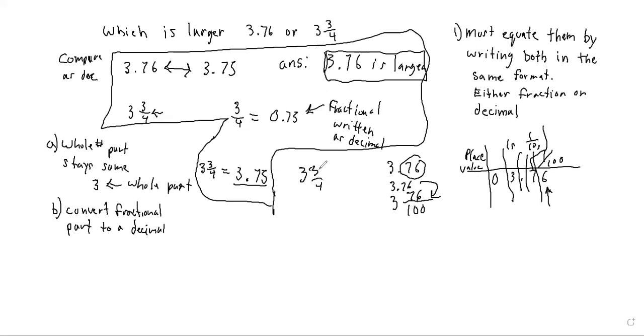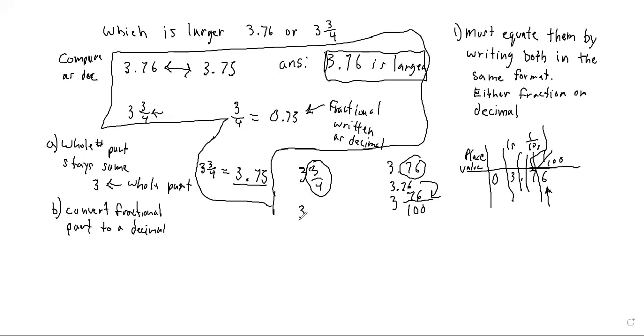So now we have to get an equivalent fraction. We have to get the fractional portion of 3 3/4 to have a denominator of 100, so we can compare them. So we need an equivalent fraction of 3/4 using 100 as the denominator. The way we do that is we multiply the top and bottom of the fractional portion by 25.